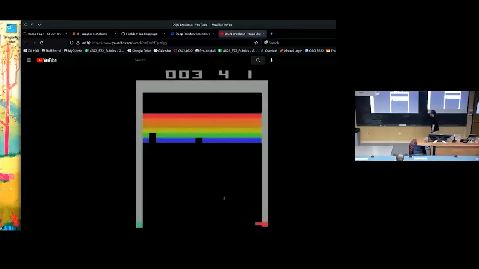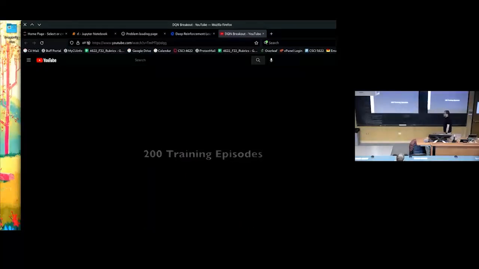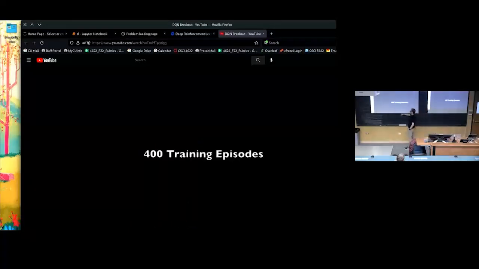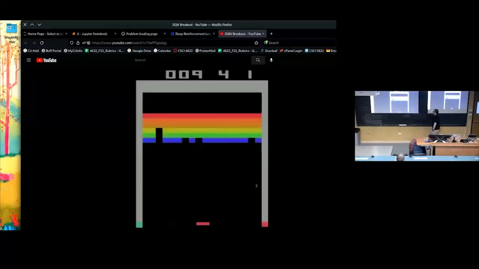So this is random. We start from one random policy. If you train this model, you see that initially it starts detecting that you get more chance if you just stick to the edges. But more and more, you start playing the game like a normal human being.